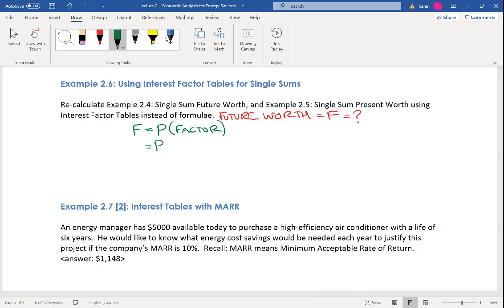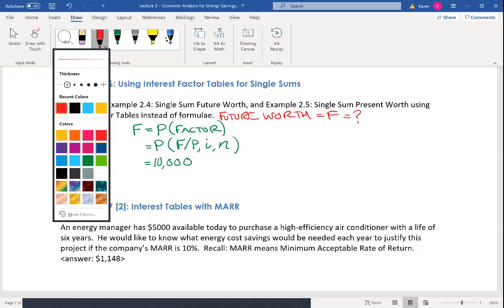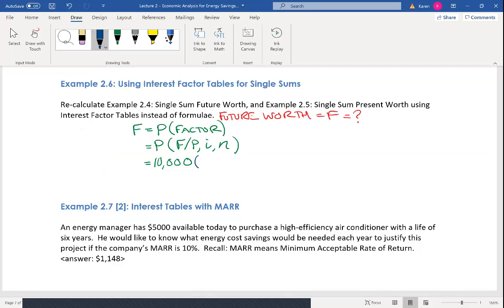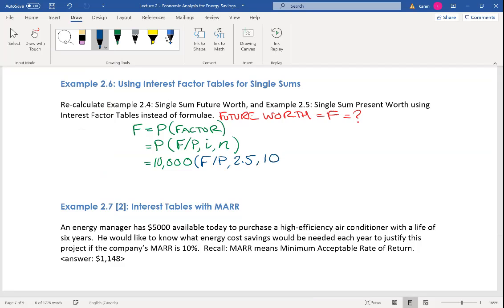That is present worth times the factor of I want future, and I know present, I know interest, I know N. The present worth in my example was 10,000. That's already known. Then I take this factor straight from the tables. Let's just write it in: future given P, 2.5% interest, and N equals 10, 10 years.